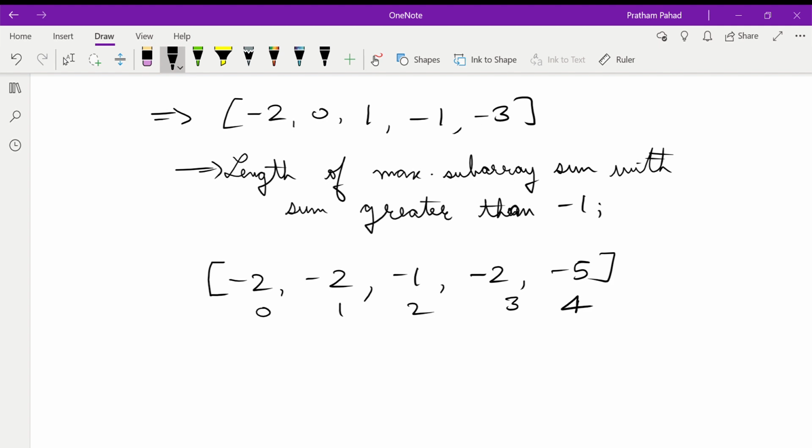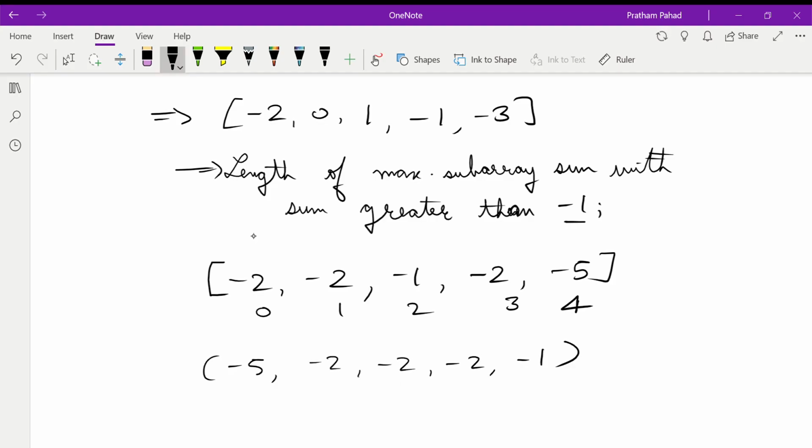If I sort this array, I will get the minimum index where I can get the value which is greater than my value, right? Greater than minus 1. If I sort this array, minus 5, minus 2, minus 2, minus 2, and minus 1.